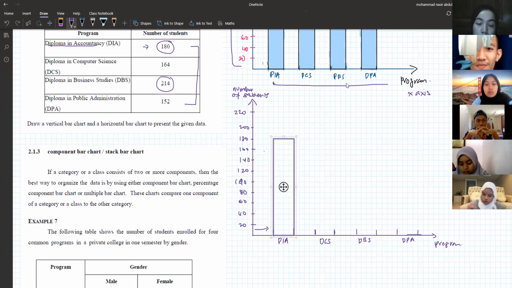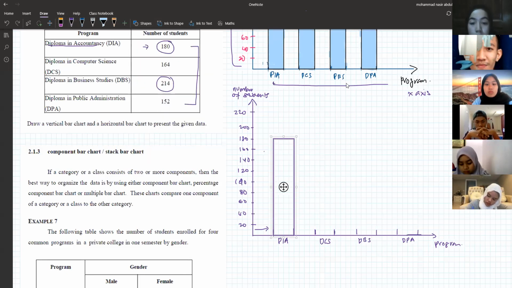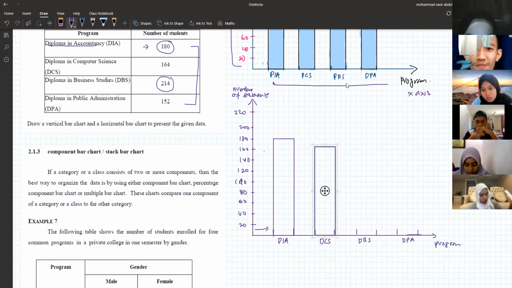For the second category it is 164, maybe somewhere here. And the next category is 214, somewhere here.